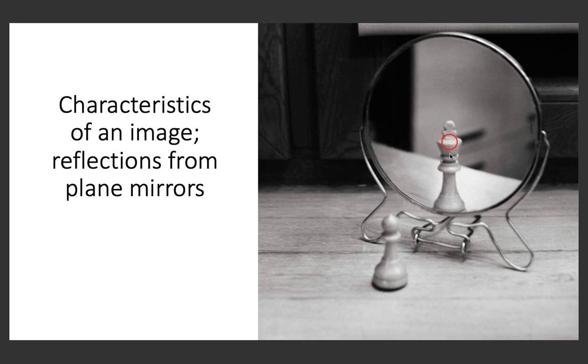It may seem like a weird topic, but it's not as straightforward as you might think, particularly with mirrors that are curved instead of flat. The next PowerPoint is about converging mirrors specifically, and the one after that is about diverging mirrors.